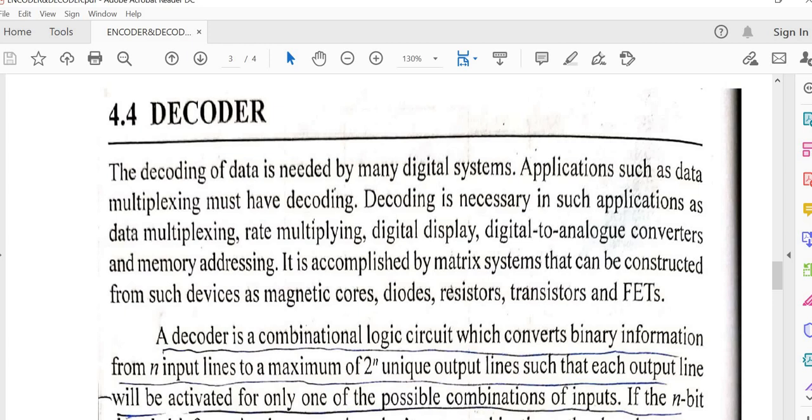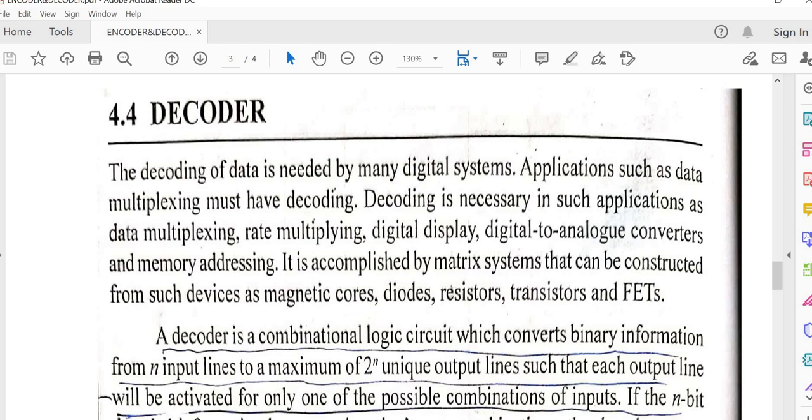Decoders are also widely used in the memory systems of computers. Decoding of data is needed by many digital systems. Decoding is necessary in applications such as data multiplexing, rate multiplying, digital display, digital to analog converters, and memory addressing.